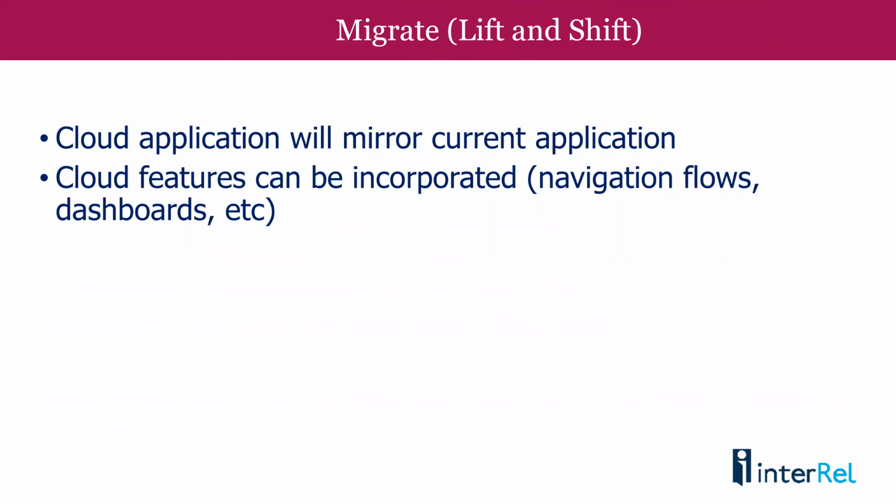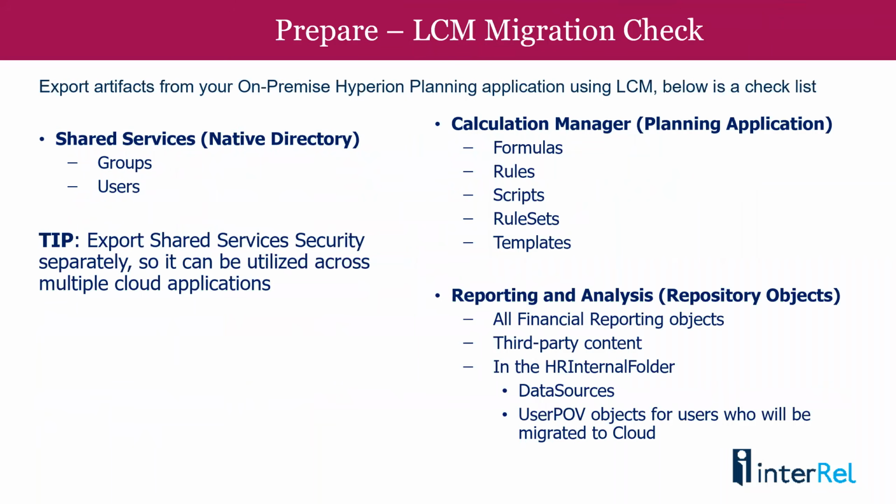Okay, lift and shift. This is what you're going to LCM from lift and shift. You're going to LCM your shared services. My recommendation is to do shared services as a separate LCM, because shared services is universal, and the groups and users you get are those who have access to all planning. But the way the cloud works is if I have access to one planning app but not the other, then in the cloud I would be in one shared services for that planning app I have access to, and I wouldn't be in the other.